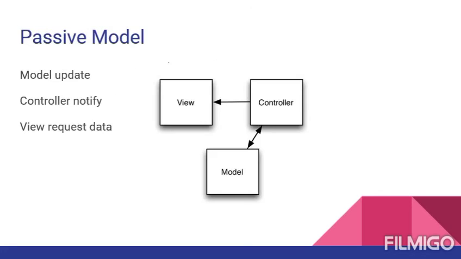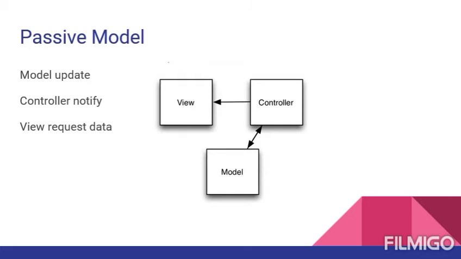In the passive model version, the controller is the only class that manipulates the model based on users' actions. The controller has to modify the model. After the model has been updated, the controller will notify the view that it also needs to update.